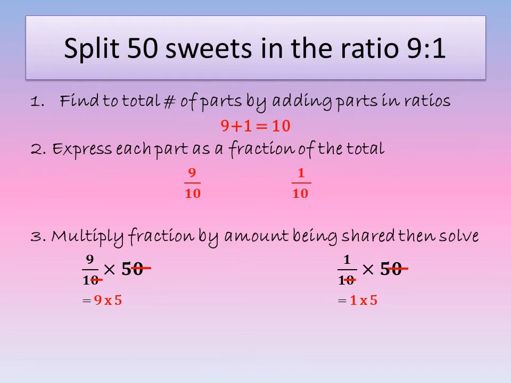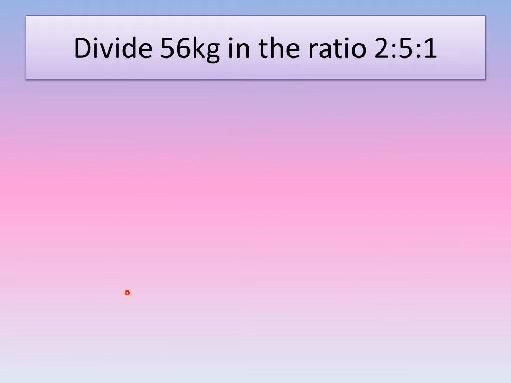And the same thing for the next one here. And we are left with one part being 45 sweets, and the other being 5 sweets. Now, let us look at the second problem.